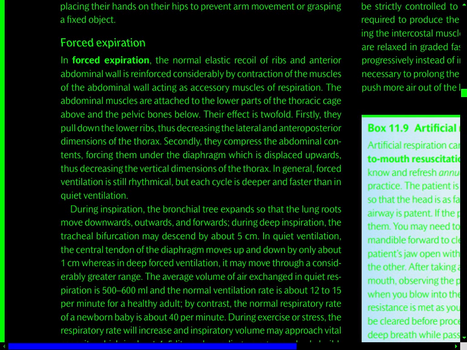Through the second effect of the abdominal muscles, compressing the abdominal contents, forcing them under the diaphragm, which is displaced upward. The diaphragm, of course, is displaced upward, and they force the contents of the abdomen upwards.